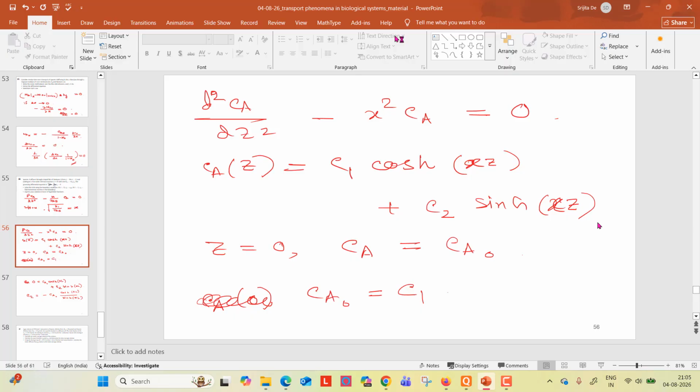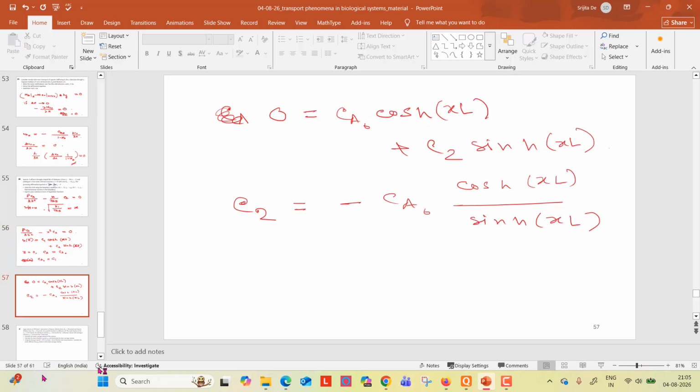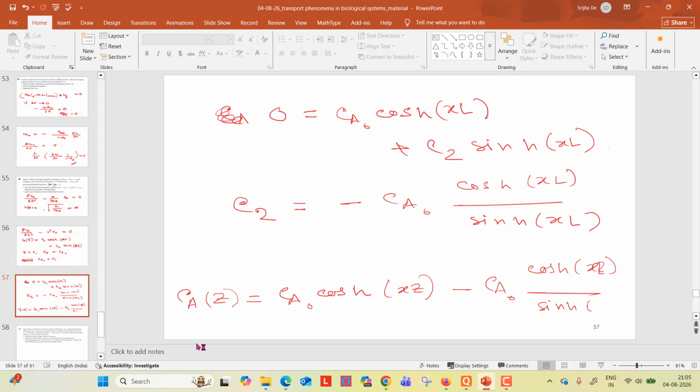So Ca(z) equals Ca0 cosh(kz) minus Ca0 cosh(kL) by sinh(kL) into sinh(kz). Okay. If I simplify this, I am not simplifying it anymore, so going to the next question.